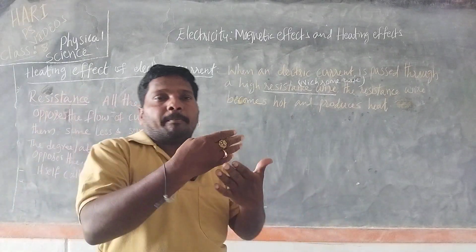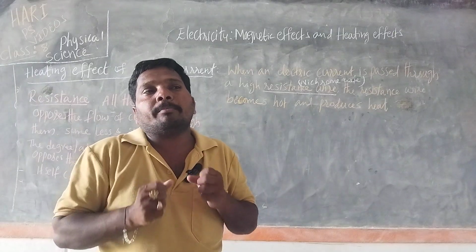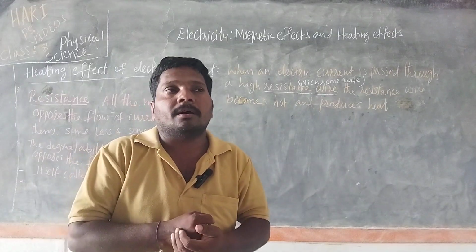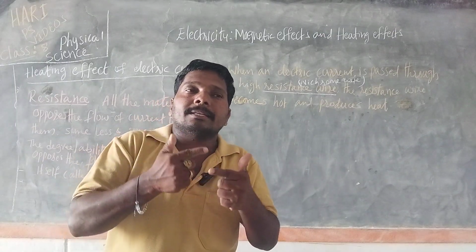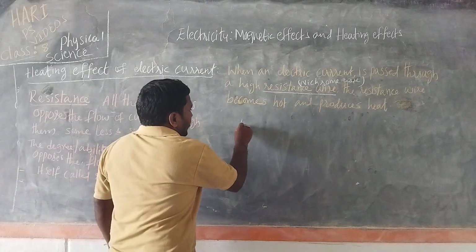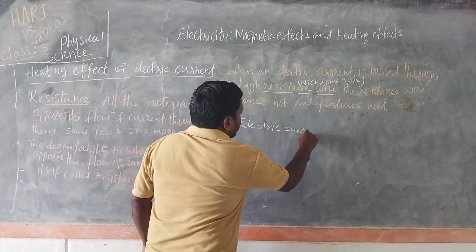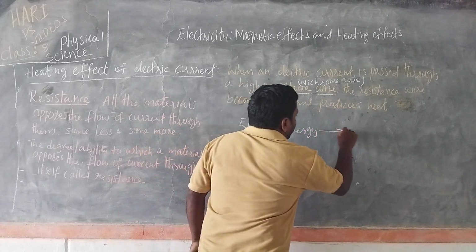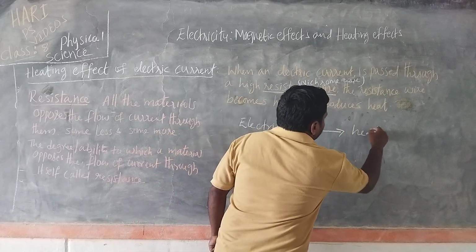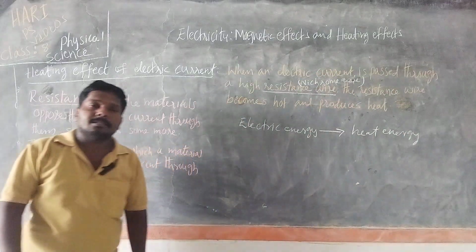So when current is passed through that nichrome wire, it becomes hot because electrical energy is converted into heat energy.